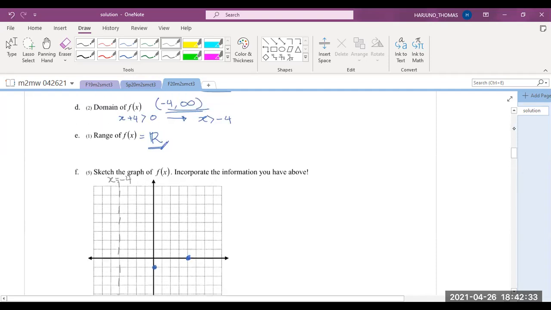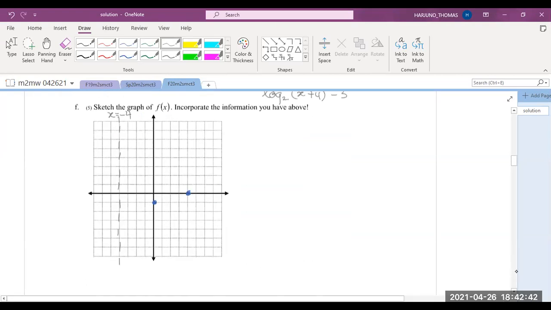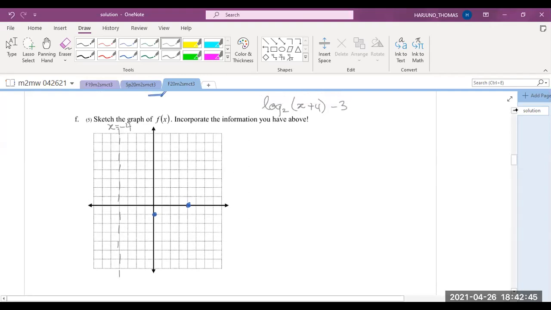What is the function again? Log base 2 of (x plus 4) minus 3. Let me copy that here so that I can see better.